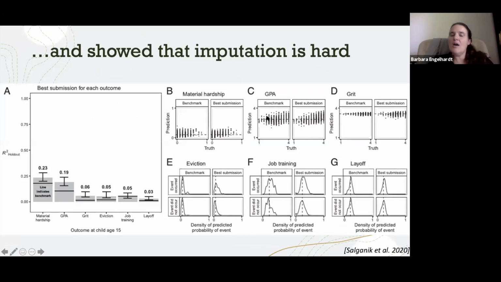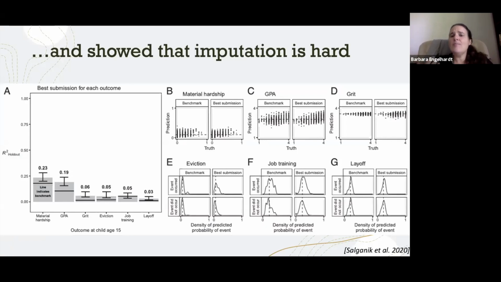Again, for GPA, the best submission is only slightly better than the baseline GPA imputation. So this is quite scary and disappointing. I do think this is probably an issue with the structure of the supporting covariates not being very predictive, not having signal there.